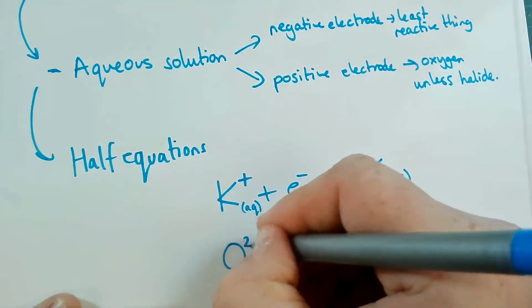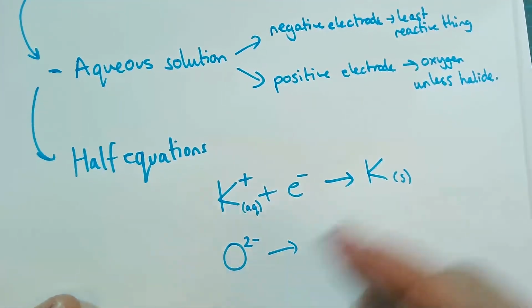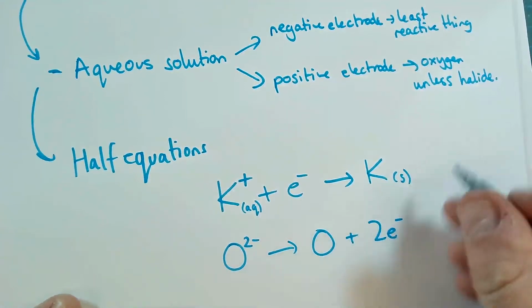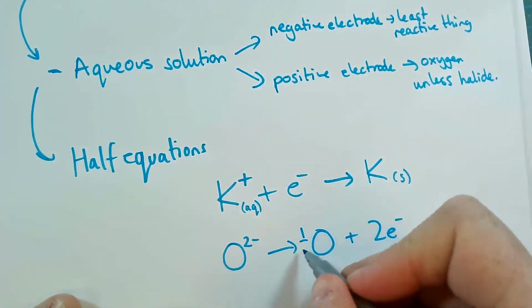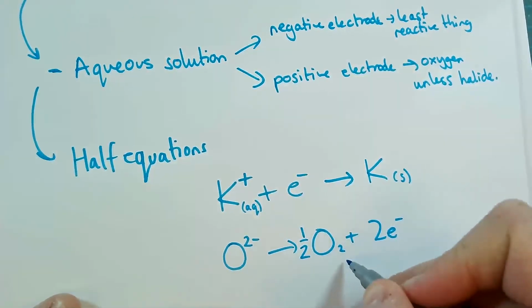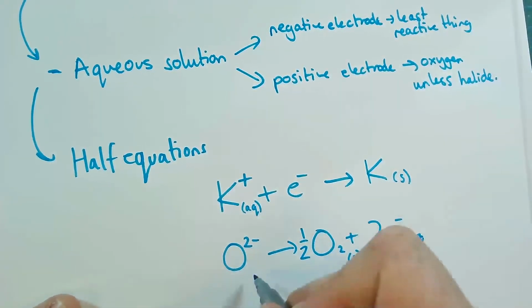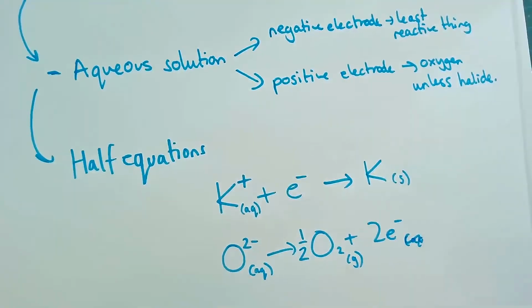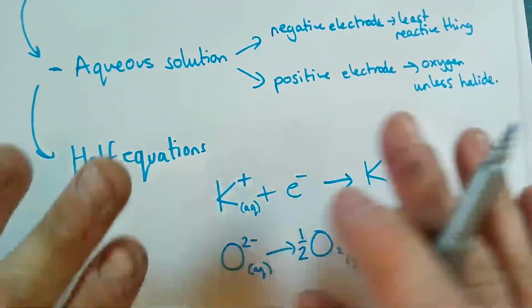The oxide is O2 minus. It's going to lose those two electrons to make oxygen gas, but it gets annoying with state symbols and balancing. Again, if you're not happy with half equations at this point, I'd just concentrate on what's made.